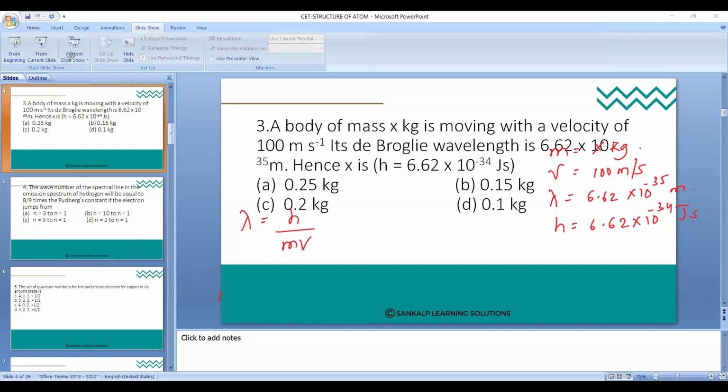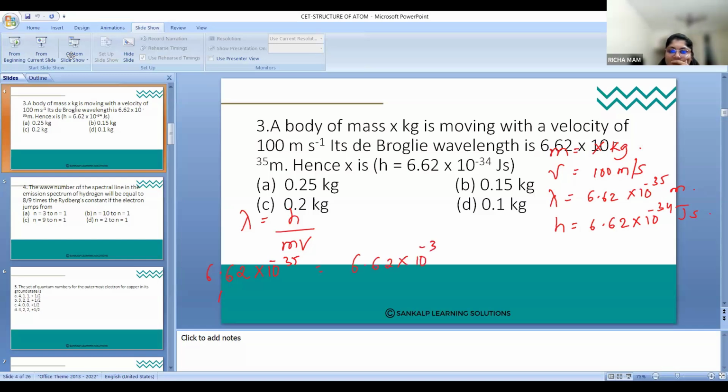Yes, did you get the value? Kadiravan has answered 0.1 kg. Okay, easy substitution: 6.62 into 10 raised to minus 35 is equal to 6.62 into 10 raised to minus 34 upon x into 100.